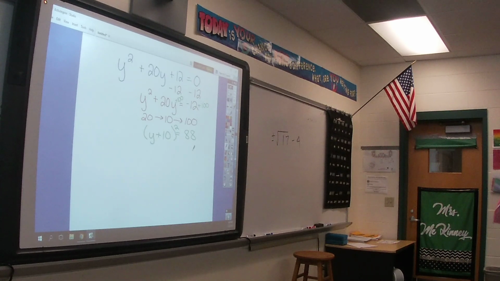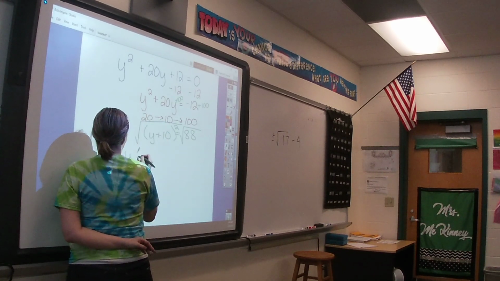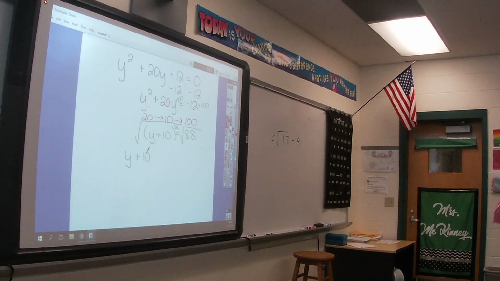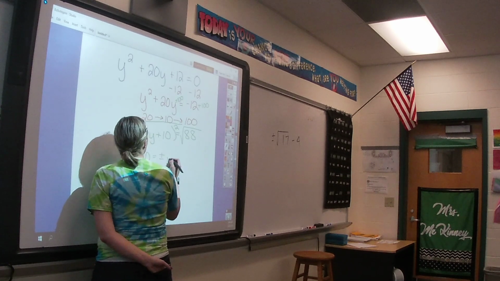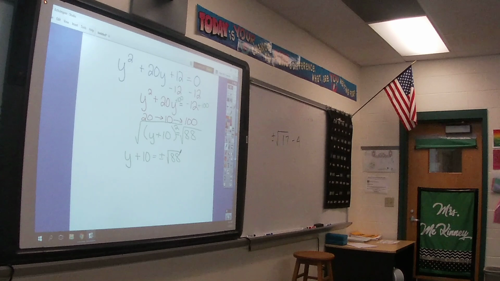Okay, so we'll square root each side. 88 is not a perfect square, right? You can tell because if you put it into your calculator, you get a big long decimal that doesn't end. So we'll have plus or minus the square root of 88. Then we will subtract the 10.